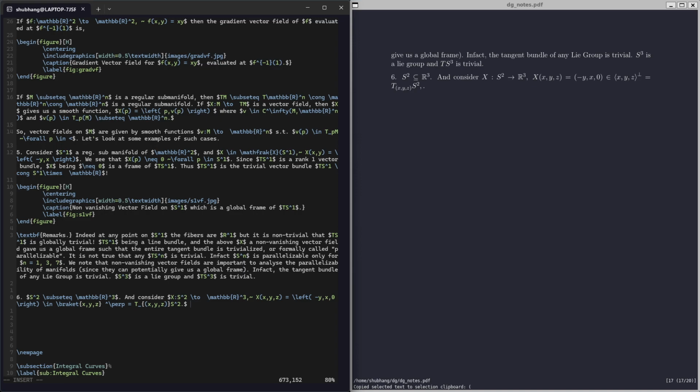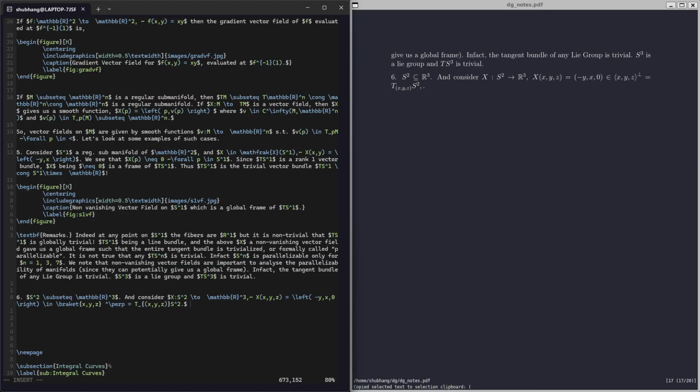So the vector field on this clearly vanishes when (x, y, 0) and z is anything. So basically at the North Pole and South Pole this vector field vanishes. So clearly when it vanishes at such points, it cannot be a global frame.